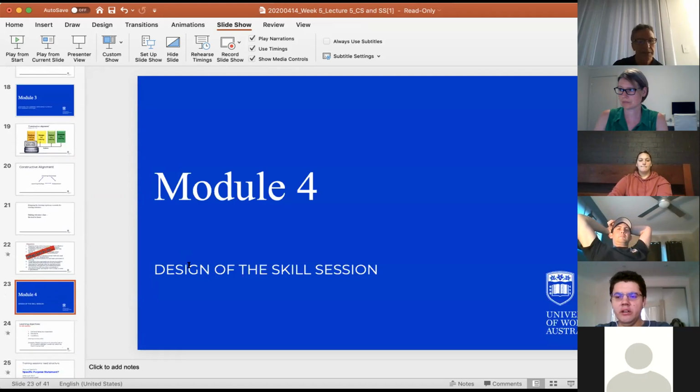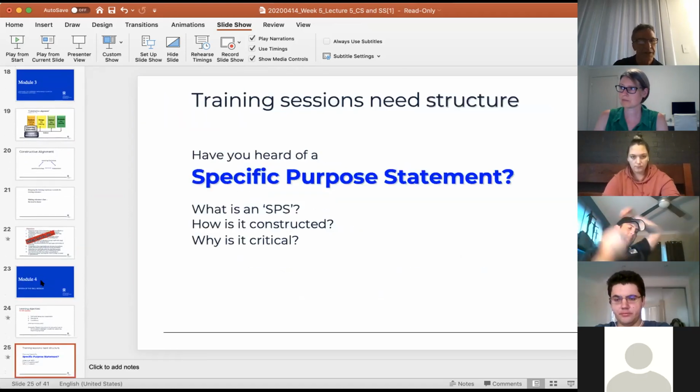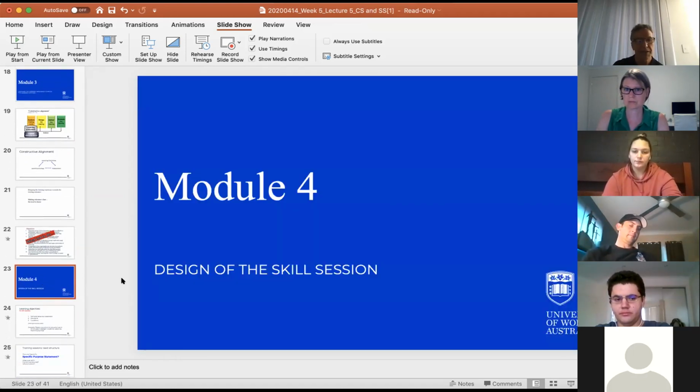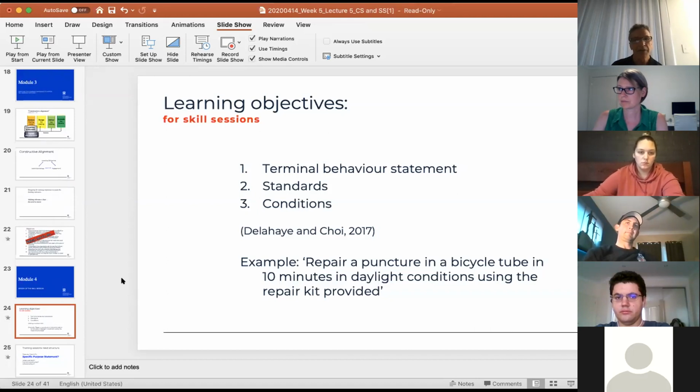So now getting to the skill session. If you are doing a skill session, there are a few principles that your textbook recommends. They talk about having learning objectives for skill sessions, with what they call a terminal behavior statement, standards and conditions.